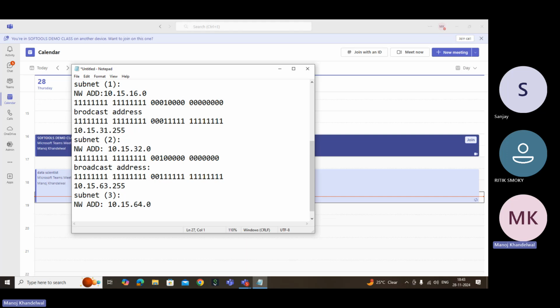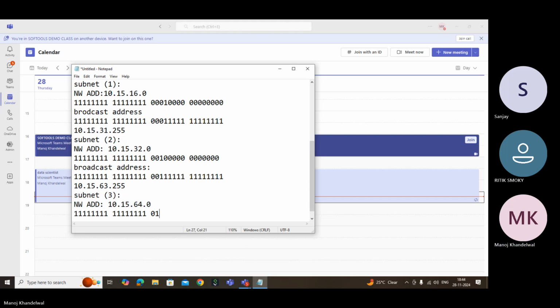The decimal will be like this: 8 times 1, 1 2 3 4 5 6 7 8, 1 2 3 4 5 6 7 8. Here 64, what will it be? We have 8 host bits and 4 host bits here.